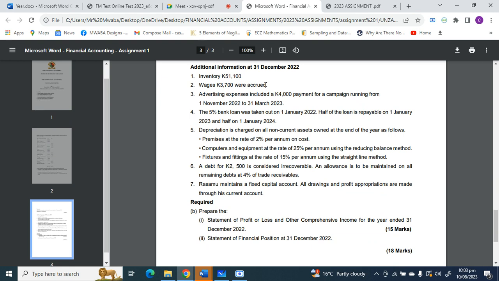What is an accrual? Wages is an expense, so this is an accrued expense. So what is an accrual? Anybody to give it a try?